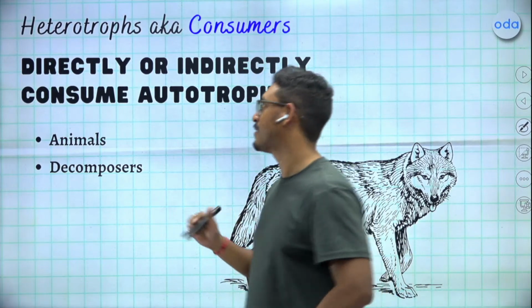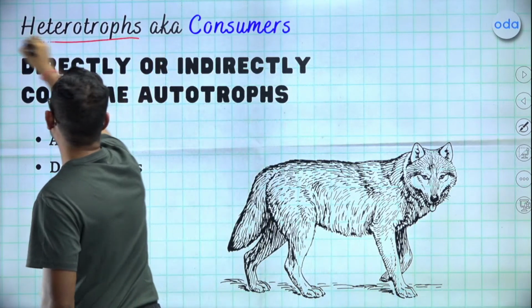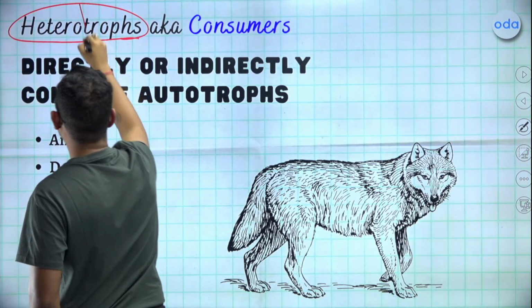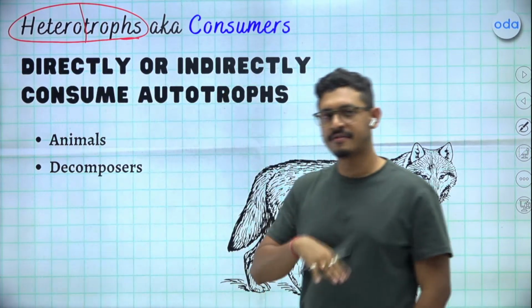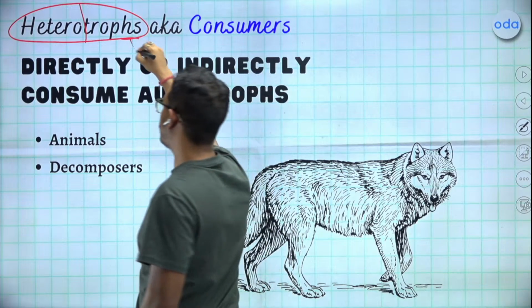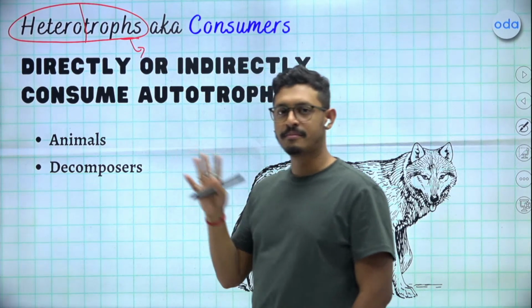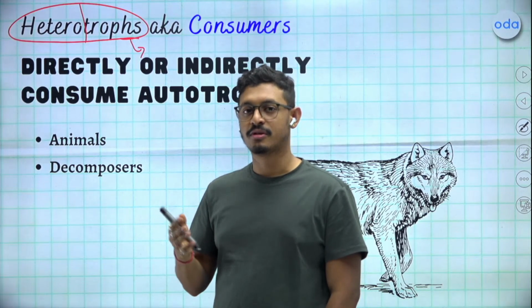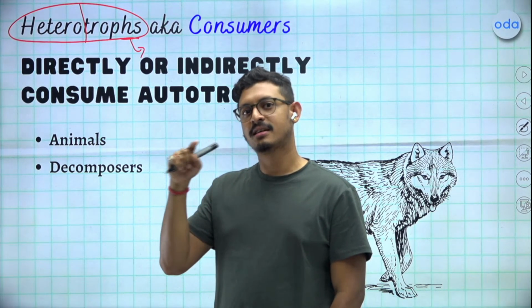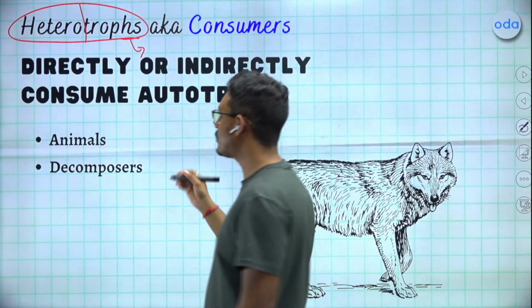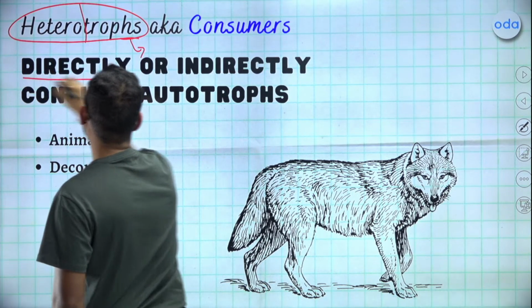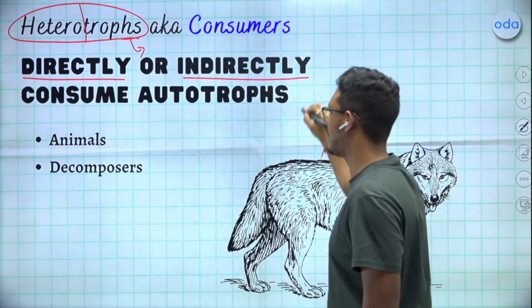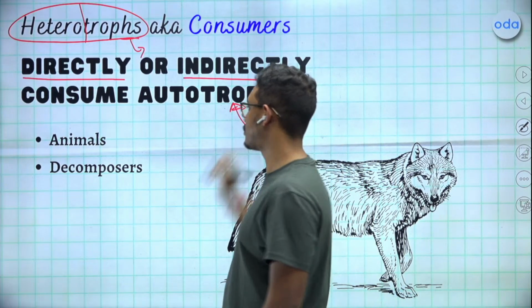So remember this part. What are heterotrophs? The word troph means nutrition. Hetero means different, so different nutrition. Autotrophs, automatic nutrition. So heterotrophs are the organisms that are directly or indirectly consuming autotrophs.